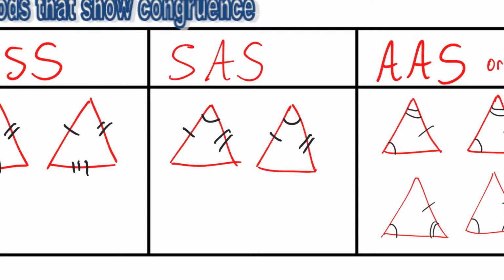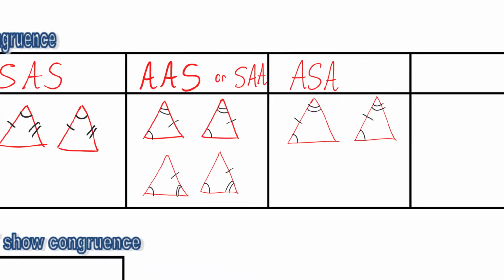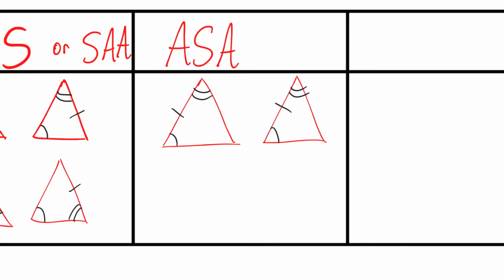On side, angle, side, the angle has to be between the two sides. It has to be the included angle, okay? Over here on angle, side, angle, the side now has to be the side between the two angles. It couldn't be over here. It's got to be the side between them, basically the included side.